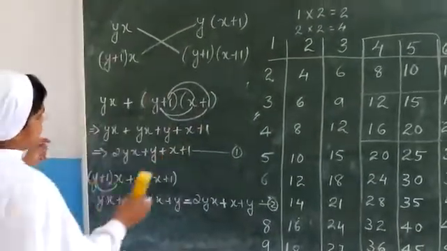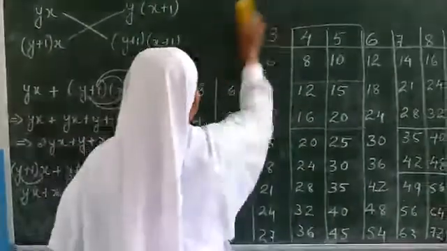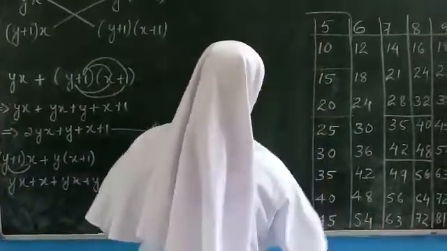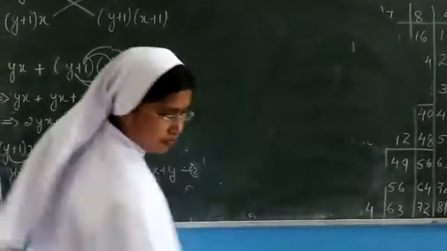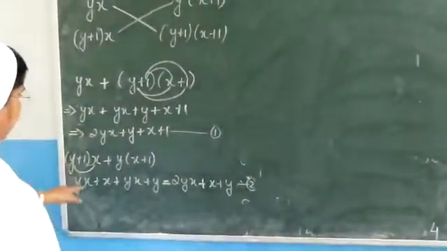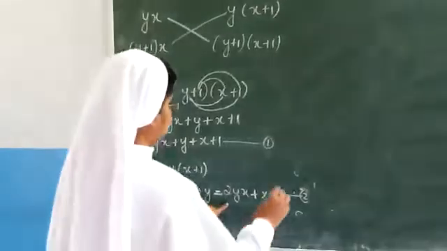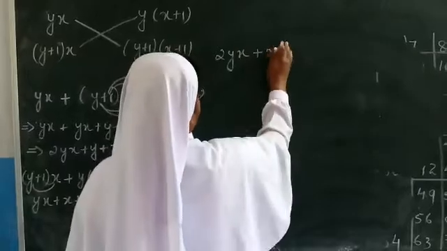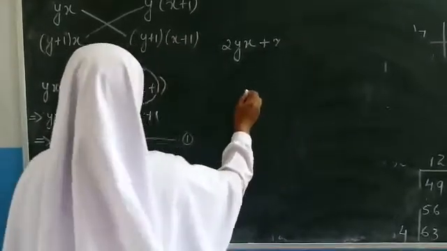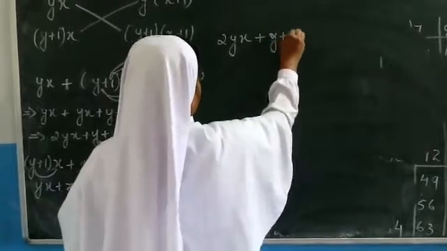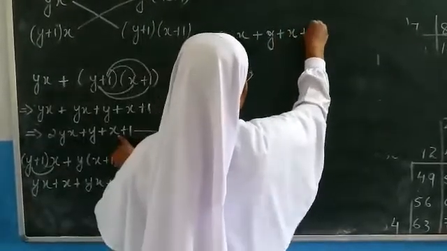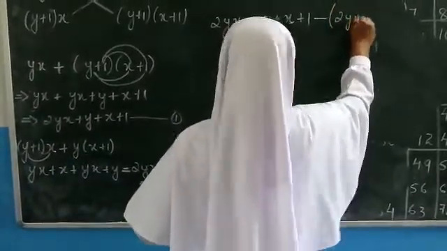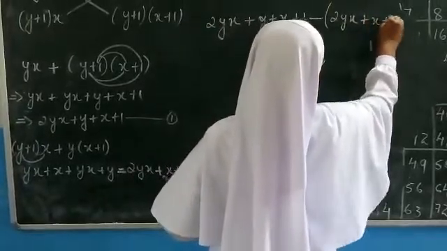So I am going to rewrite it here. We have 2yx plus y plus x plus 1 minus another one, 2yx plus x plus y.